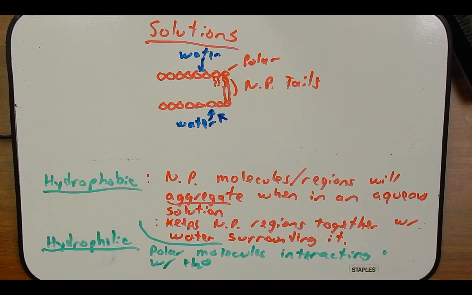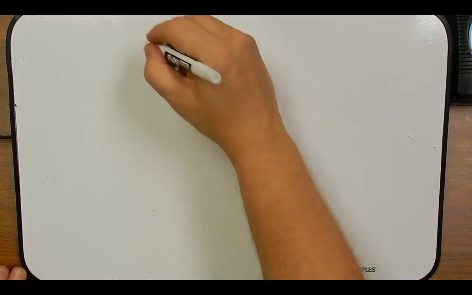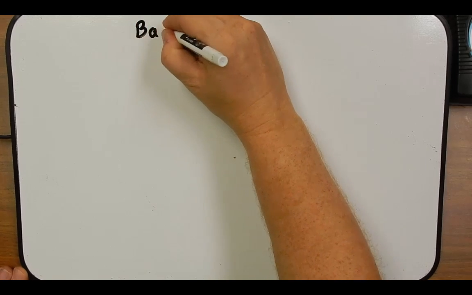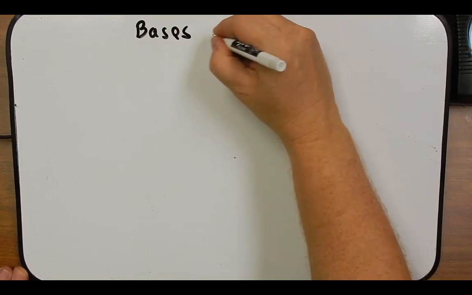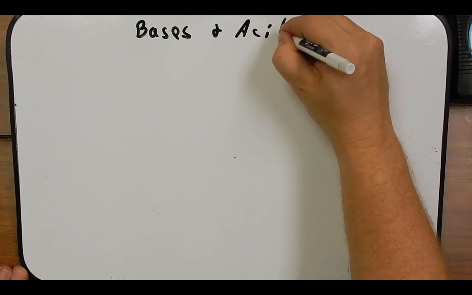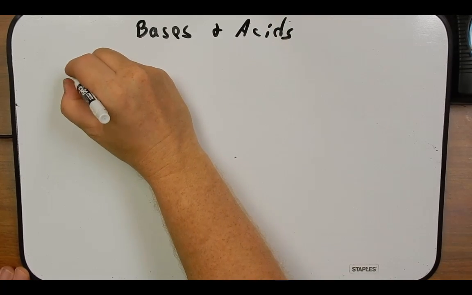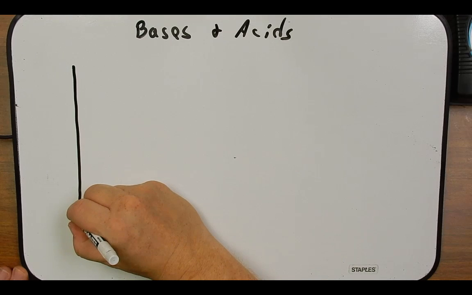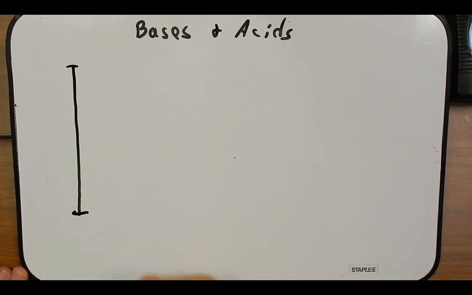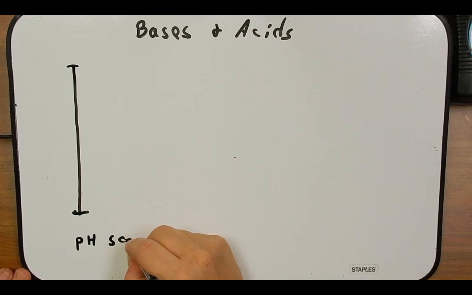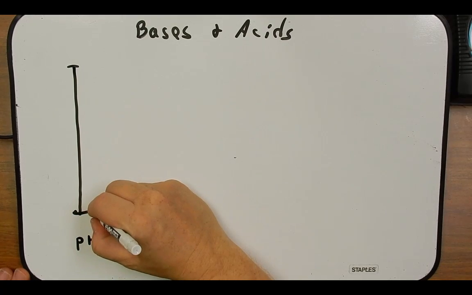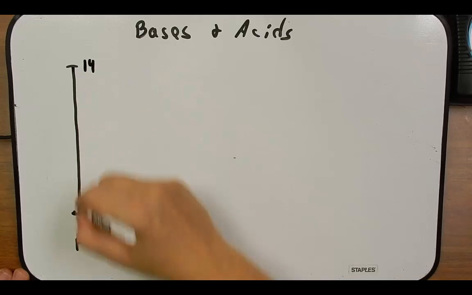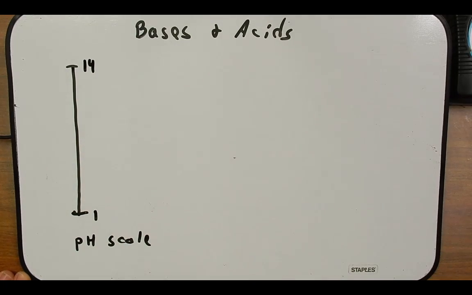There's just one more thing I want to cover, and that includes bases and acids. The best way to introduce this at this introductory level is to talk about our pH scale. I'm going to make this one down here 1, and this is 14. So pH is anywhere between 1 and 14.